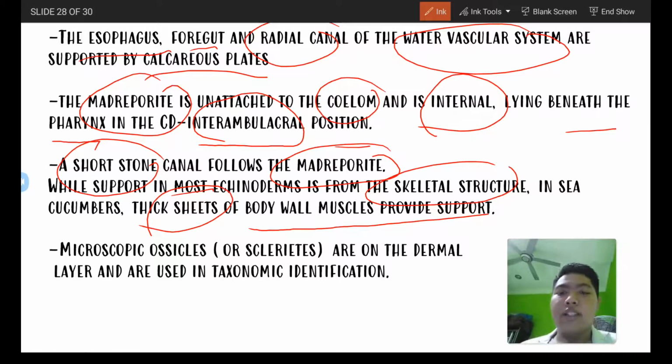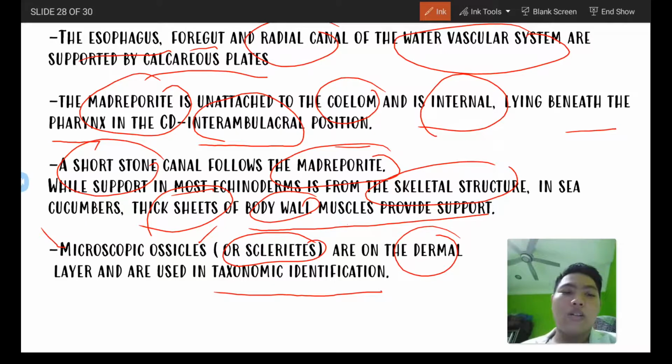So for the sea cucumber, the holothurians, they use thick sheets of body wall muscle to provide the support, not the plates. The microscopic ossicles, also called sclerites, on the dermal layer are used in taxonomic identification. These sclerites also provide support, and they are used to differentiate one species from another.